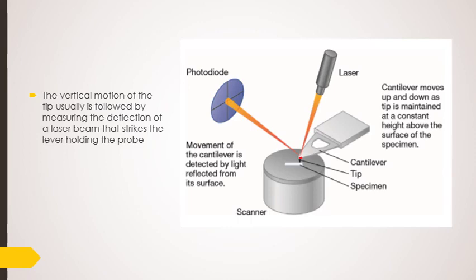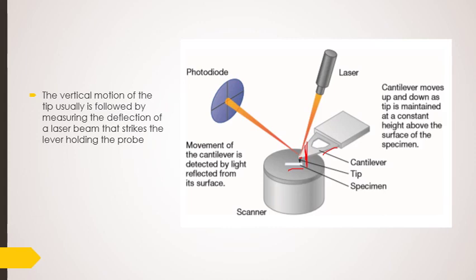This one is a cantilever. As the probe passes over the hills and valleys of the specimen, the cantilever is deflected vertically, showing up and down movement.